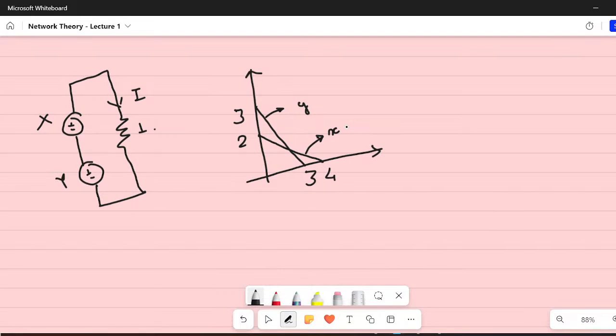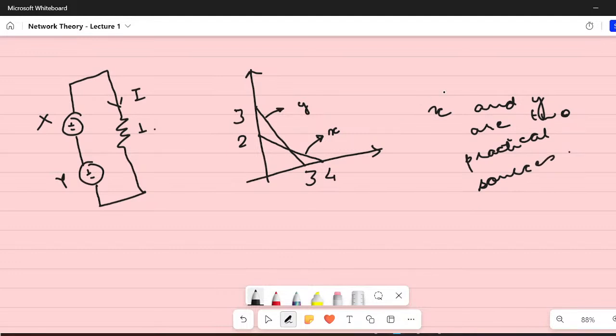What I seek in this question is: in this network shown in the figure, x and y are two practical sources, and their V-I characteristics are as shown.